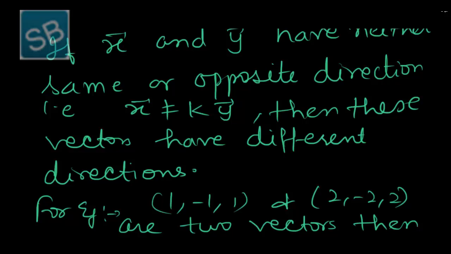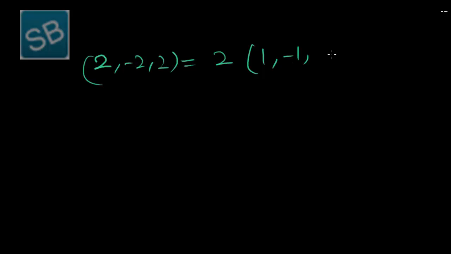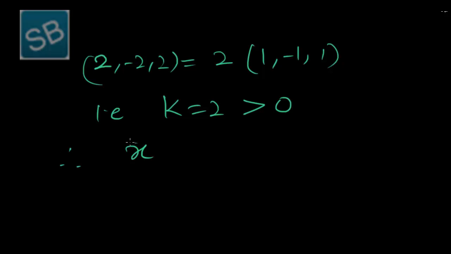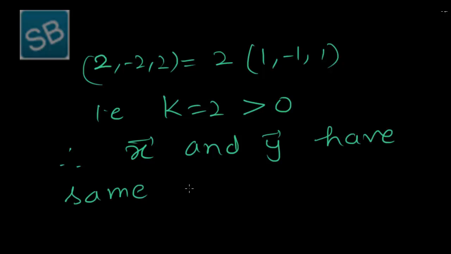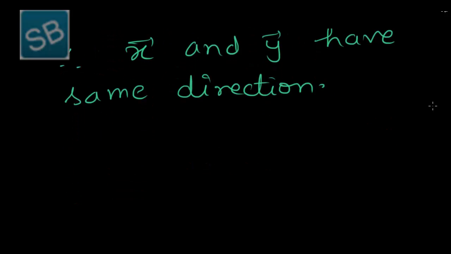Then we can see (2, -2, 2) can be written as 2 times (1, -1, 1). That is, k is equal to 2, which is greater than 0. Therefore, vector x and vector y have the same direction. And if k is less than 0, then they have opposite direction.